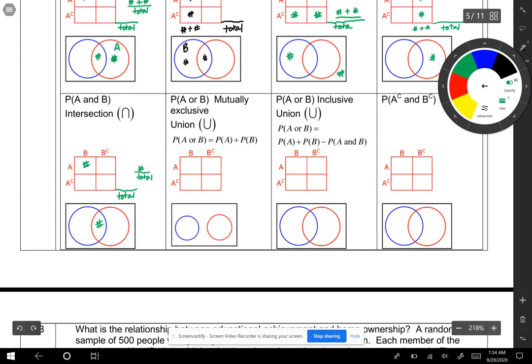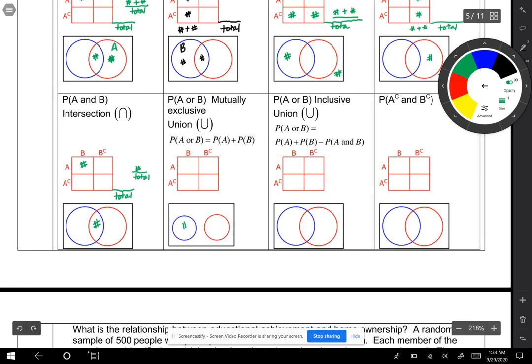Right. Next one, the probability of A or B, and this is if the events are mutually exclusive. The right side up U means union, so or. So the probability of A or B is just equal to the probability of A plus the probability of B. Remember, if they're mutually exclusive, they can't happen at the same time, so the circles are separate.